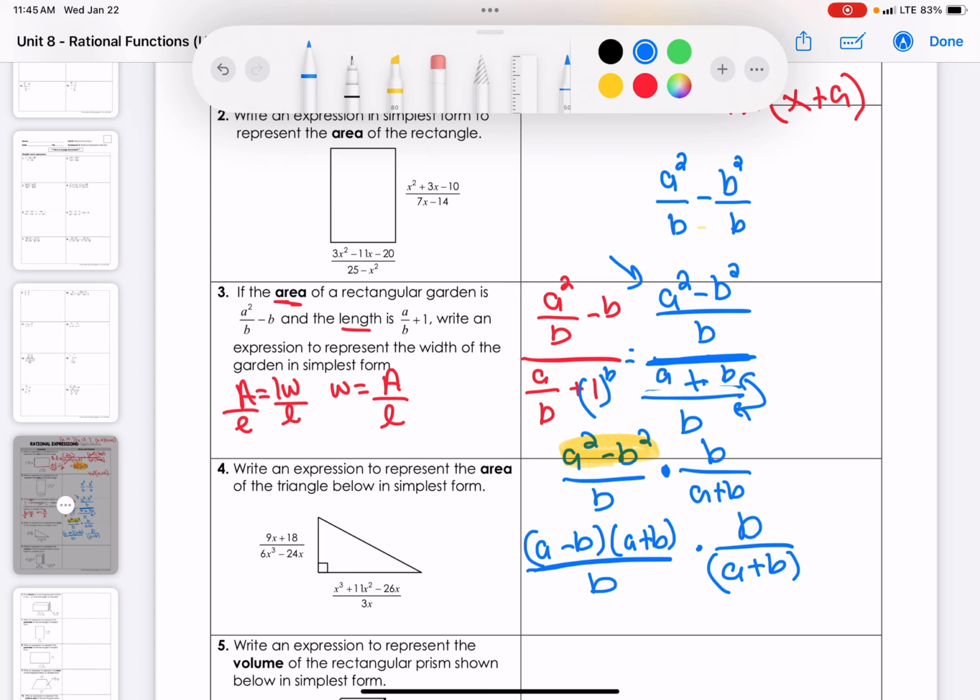And now things are starting to pan out. So now I could cancel things out. Look, I could cancel out the b's. I could cancel out the a plus b. And the only thing I have left over is just this a minus b. So that's going to be my answer. I know they're confusing when there's literally no numbers, but that's how you work these out.